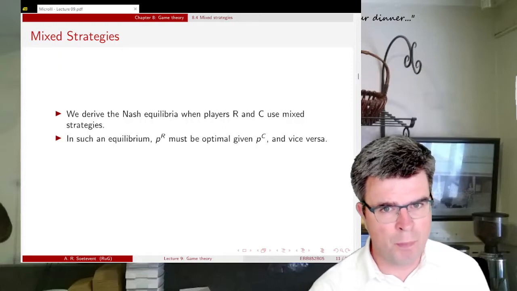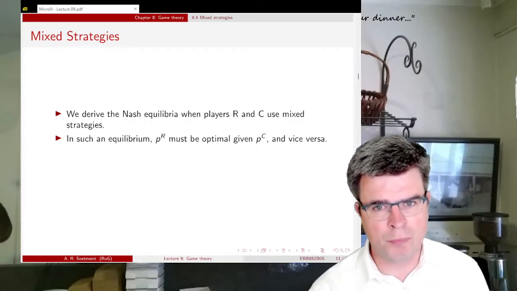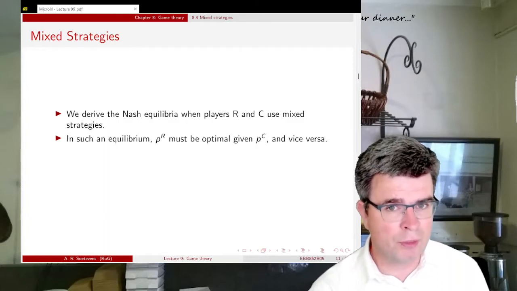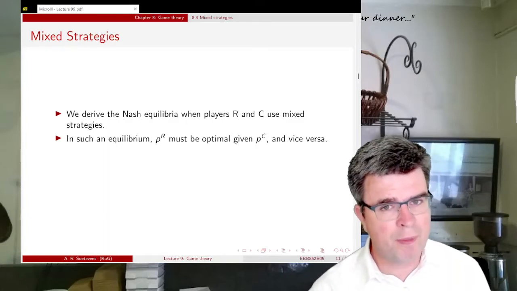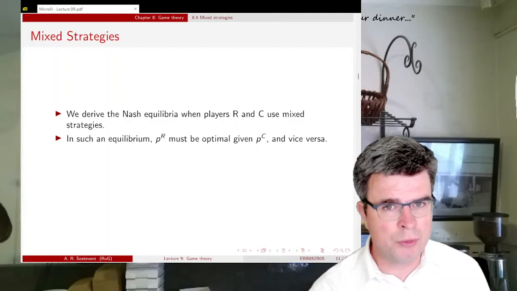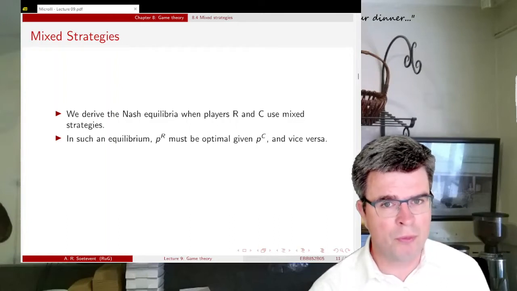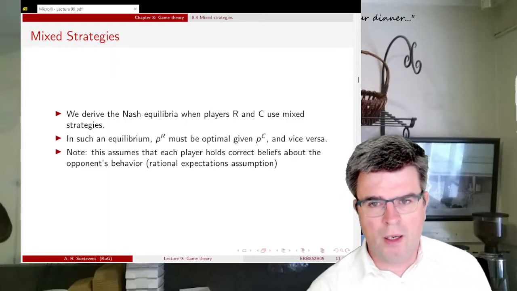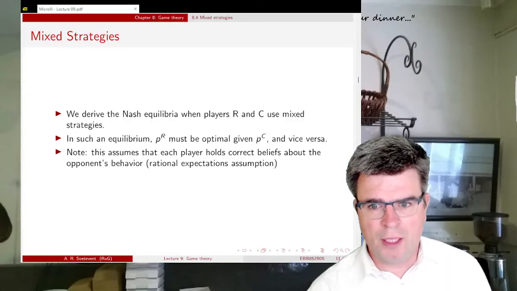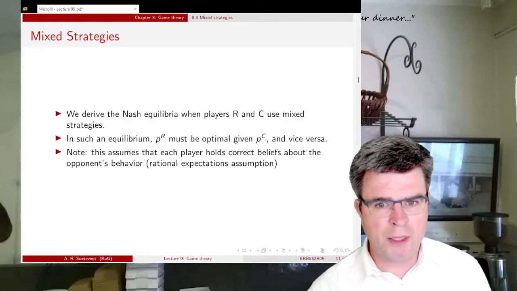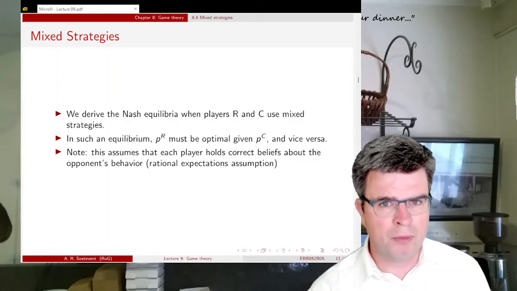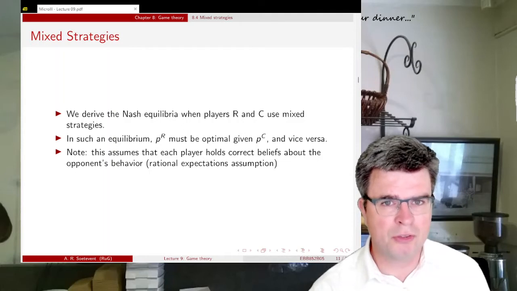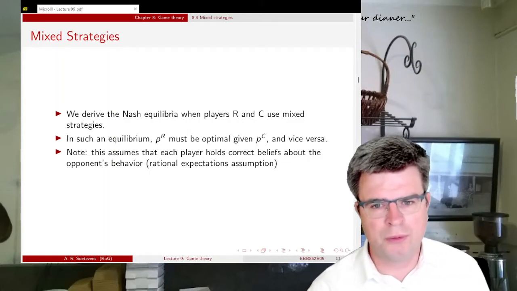So for the row player, his choice of PR must be optimal given that the column player chooses PC, and for the column player, choosing PC must be optimal for her given that the row player chooses PR. And note that here we assume that each player holds correct beliefs about the opponent's behavior. So we impose a rational expectations assumption in order to close the model.